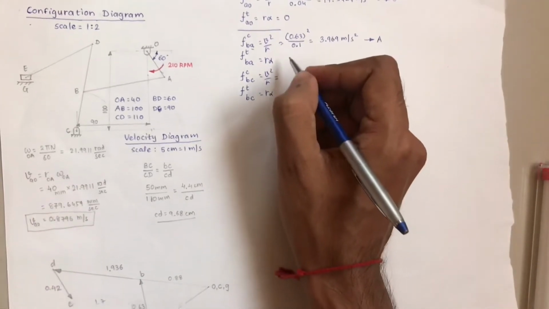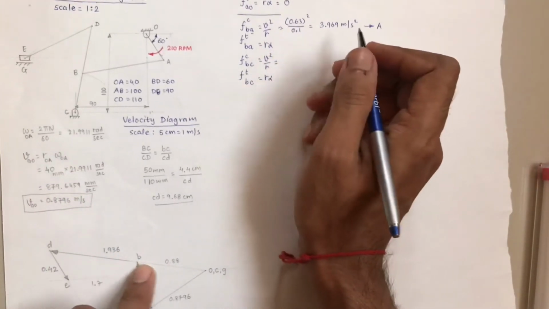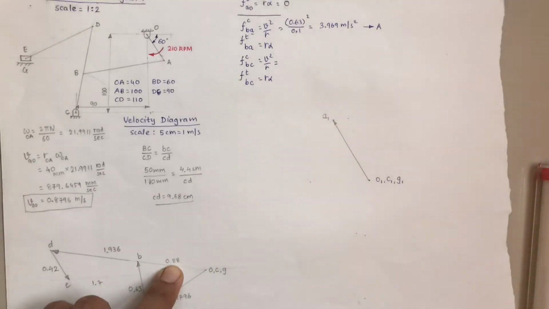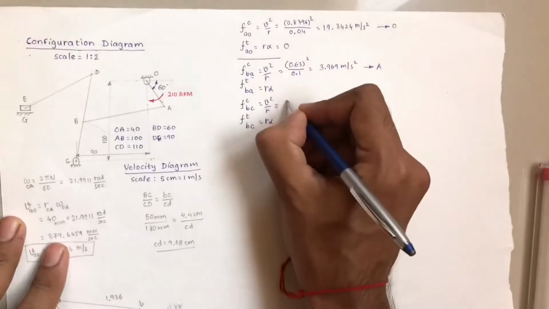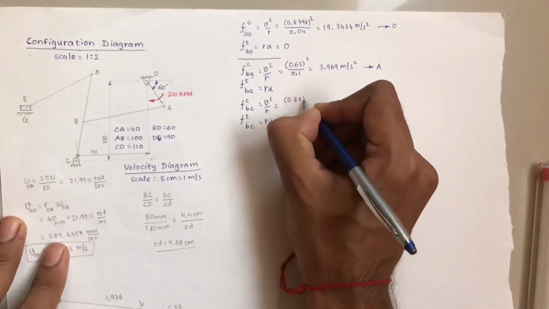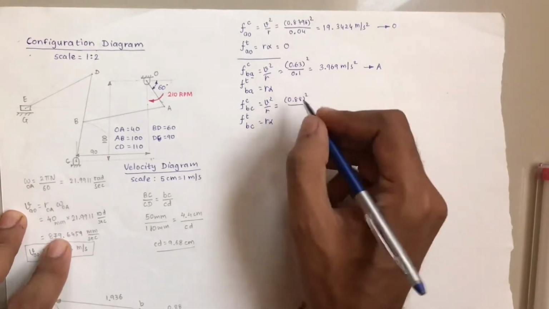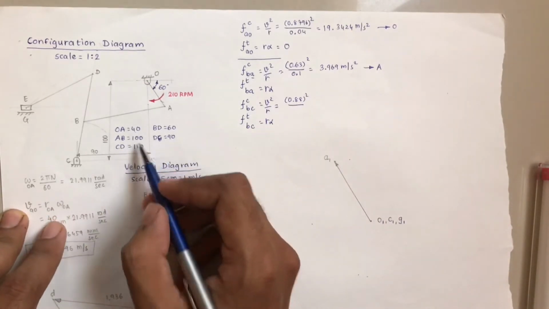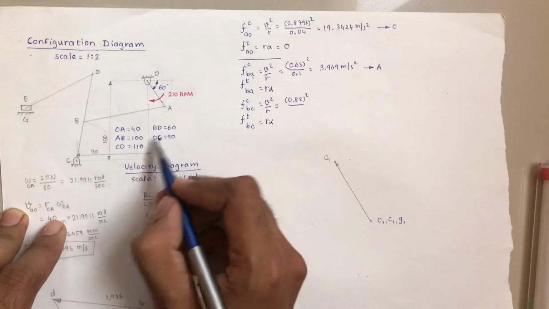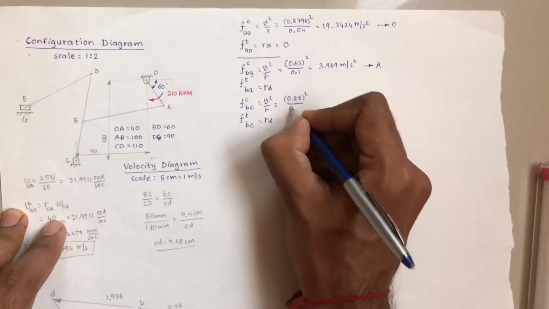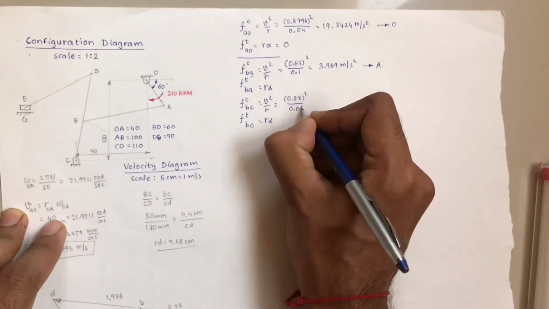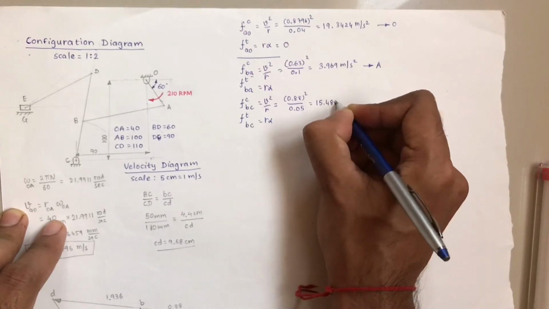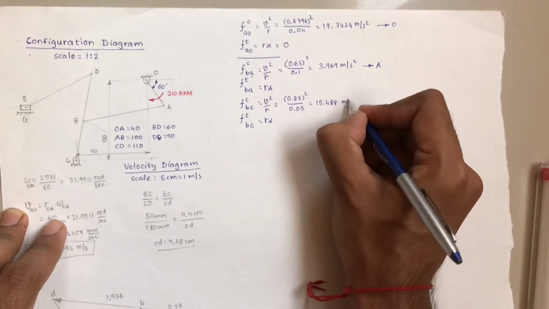Likewise the centripetal component for the BC link: when you see the B to C distance, after converting with the scale it is 0.88. So 0.88 square divided by r, which represents the length of BC. Directly BC is not given but BD is given, so 110 minus 60, it is 50, so 0.05 meter, and the answer is 15.488 meter per second square.